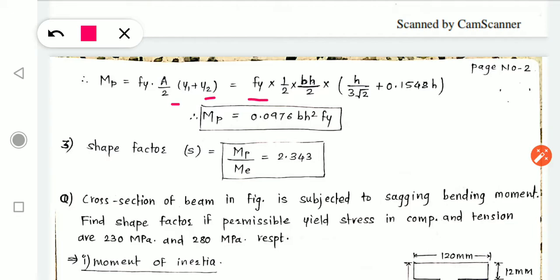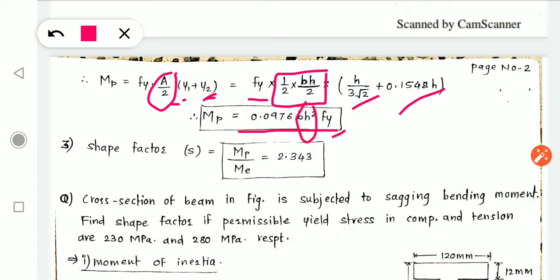I wrote Fy into half of A by 2, into (Y1 plus Y2). Y1 I have calculated above, Y2 is also with us. We put the values in the MP formula and then we get MP equals 0.0976 BH square into Fy.